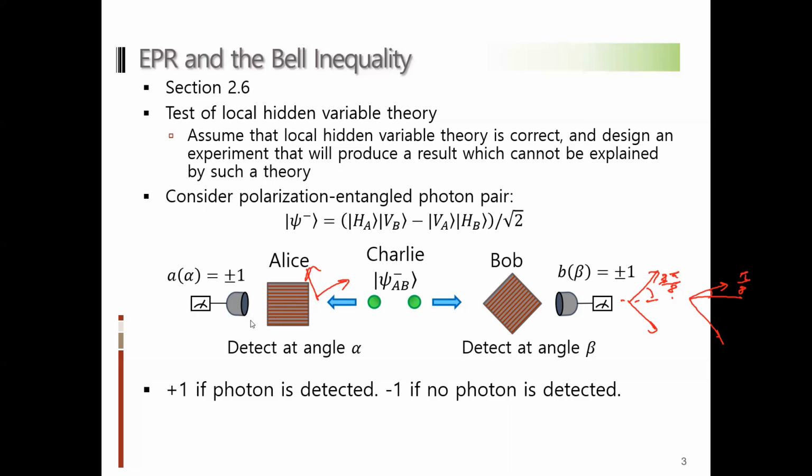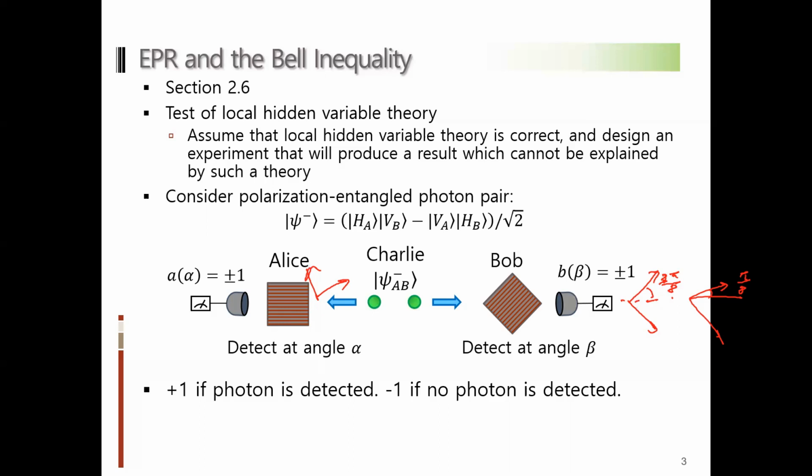If she does not measure any photon in the transmitted line, then the polarization is vertical, if she was using the HV basis. And if she tilted by 45 degrees, then the transmitted light will be plus 45 degrees, while when she does not measure any photon, the polarization has collapsed to minus 45 degrees.